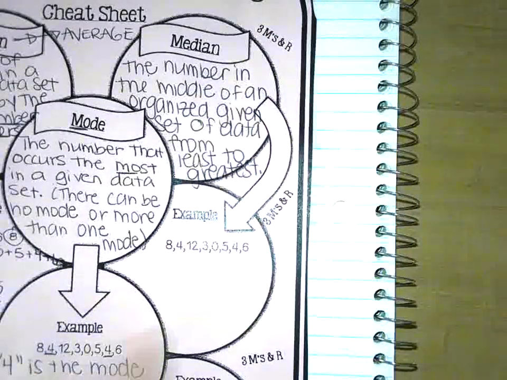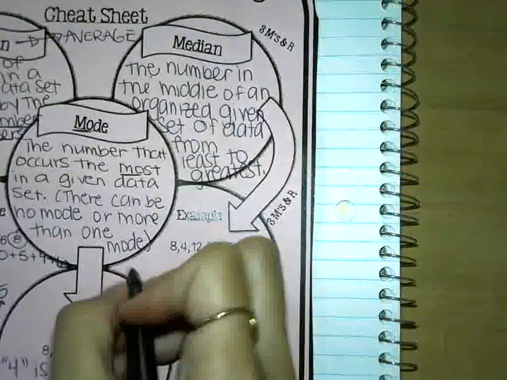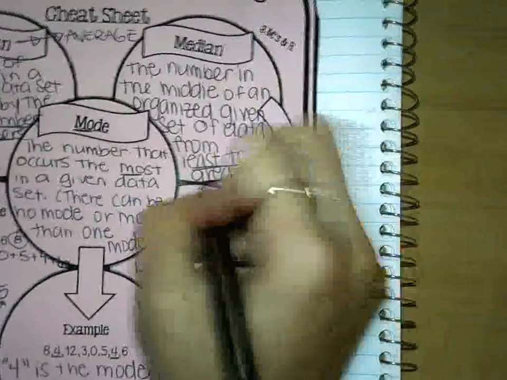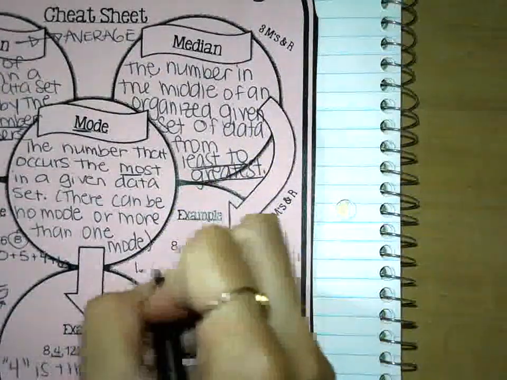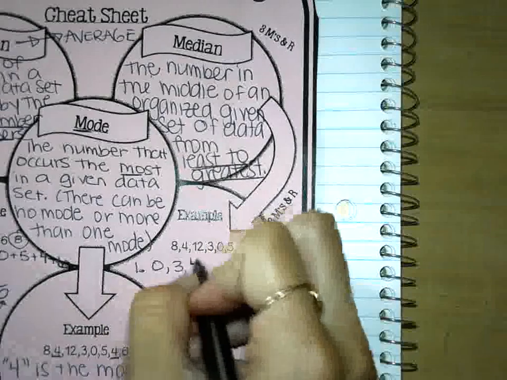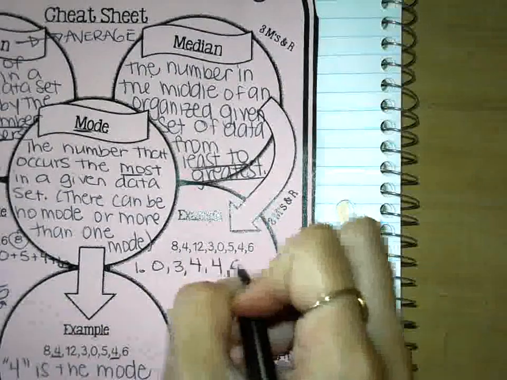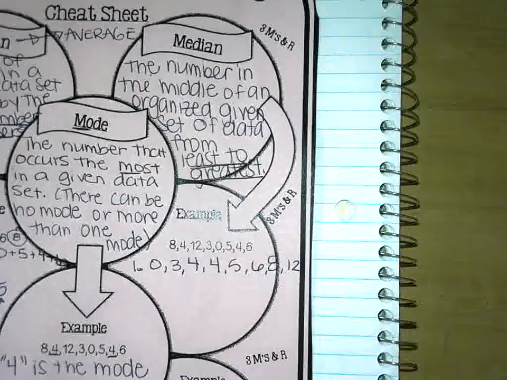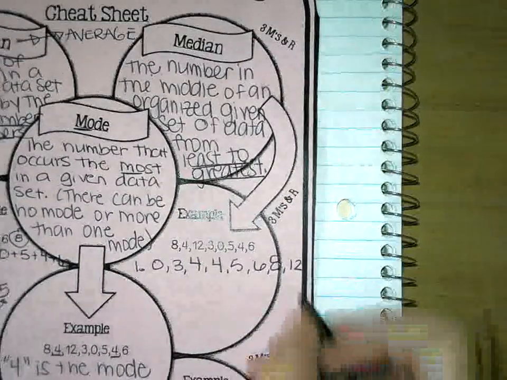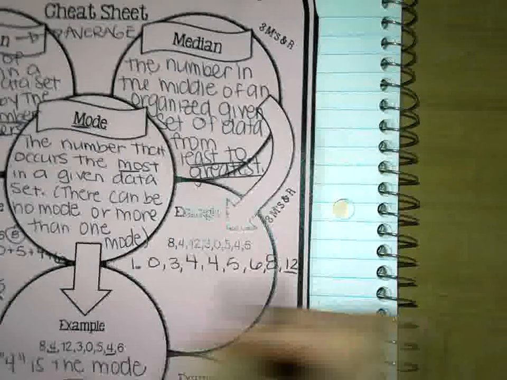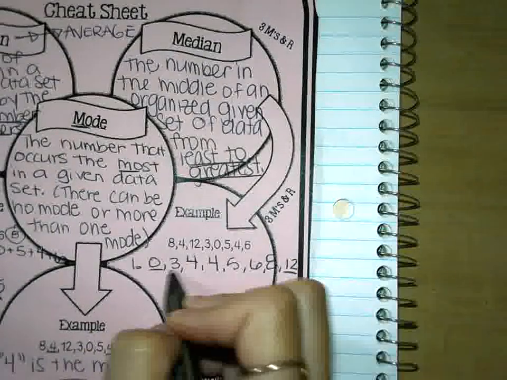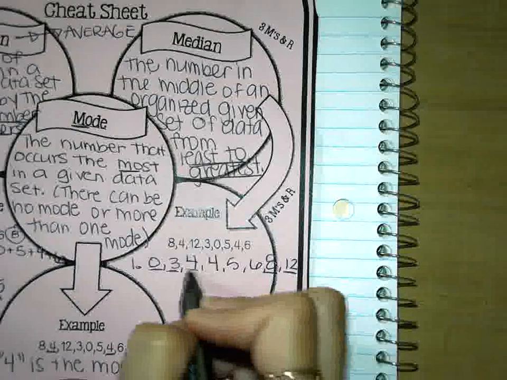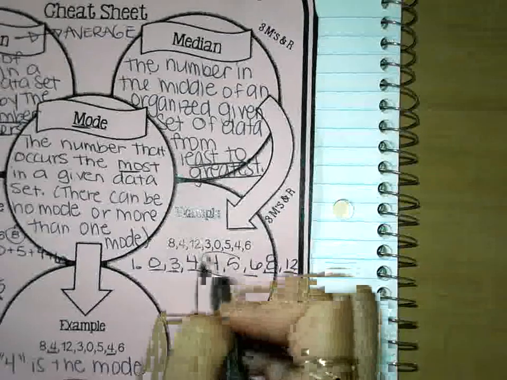So what that means here is I need to put these numbers in order from least to greatest. So if I order them, I should have 0, 3, 4, 4, 5, 6, 8, and 12. Then I need to find the middle number, which means I'd go 1 in front, 1 in back, 1 in front, 1 in back, front, back, and I'm left with these two.